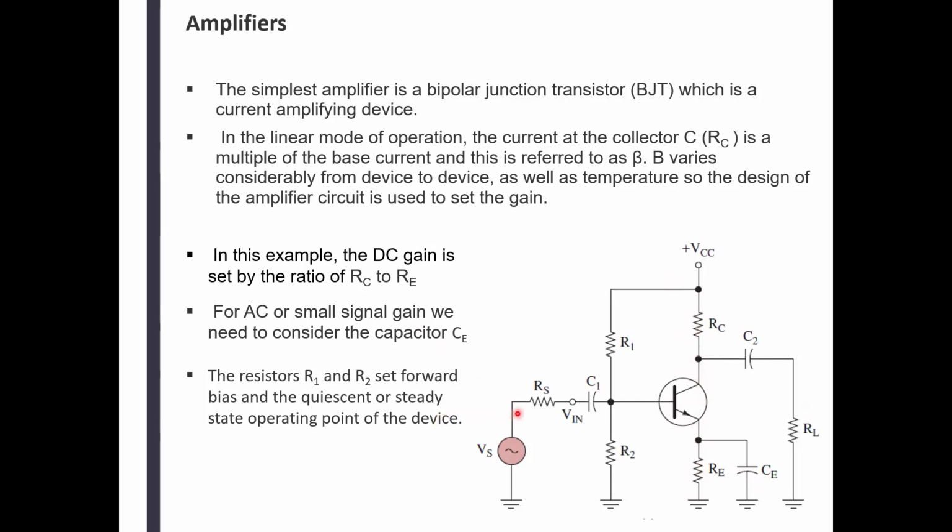Here's the AC signal, and it's going through the capacitor that strips the signal of any DC component that you could have. And here these two resistors are biasing. It's a voltage divider between the VCC and ground. The CC stands for collector, because many of those transistor circuits have more than one transistor and many collectors. So this VCC stands for collector.